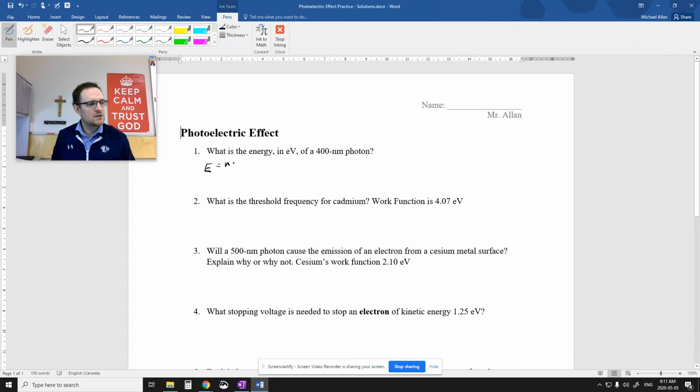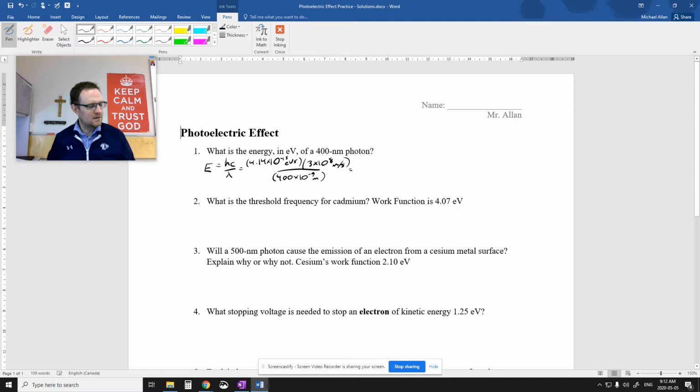So that would be hc over lambda. I'm not going to do too much here. I'm just going to mention that I'm going to use the 4.14 number here. Seems like the most common one to use because we are communicating our answers. We're not really using this for any additional math. You'll see later on that we will be using the other one when we talk about Compton's effect, the momentum of a photon, et cetera.